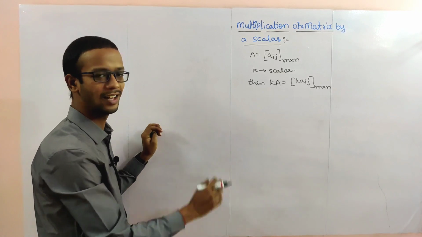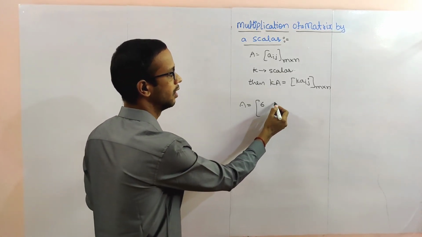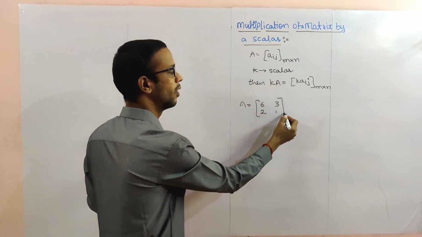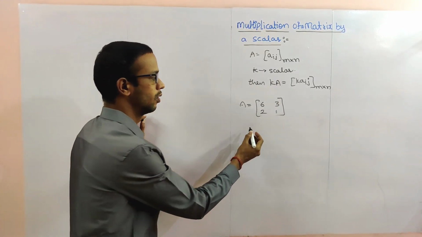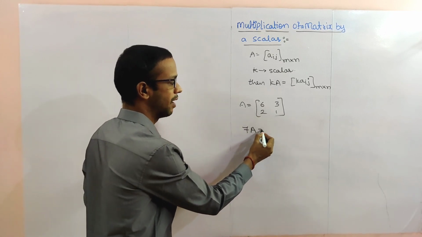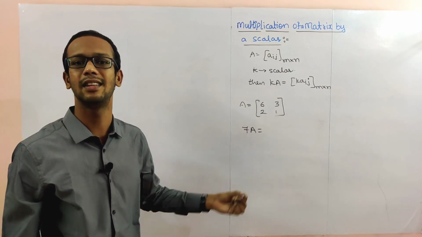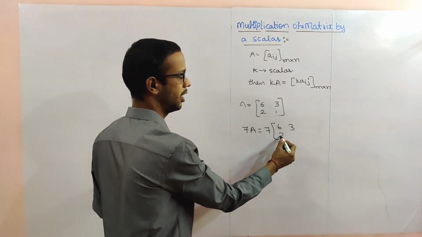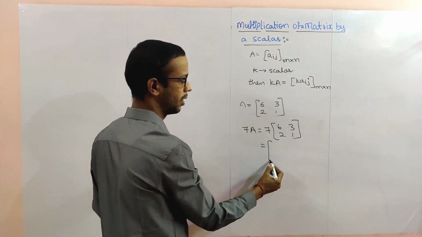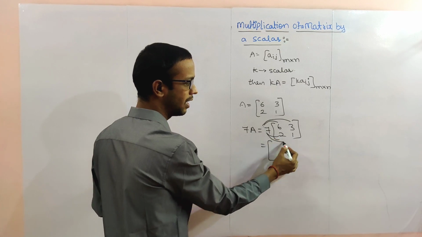To be clear, I will write one example here. Matrix A is 6 3 2 1, a simple matrix I am taking here. Now 7A I am asking. 7 is a scalar, A is a matrix. So 7 into A, 6 3 2 1. That is nothing but each and every element multiplied with 7.